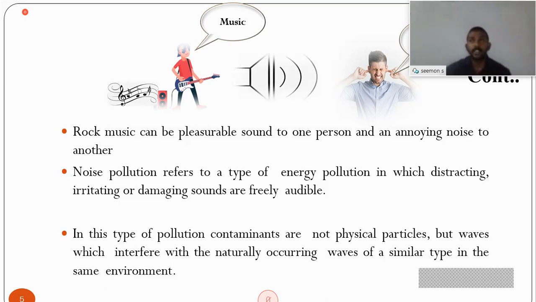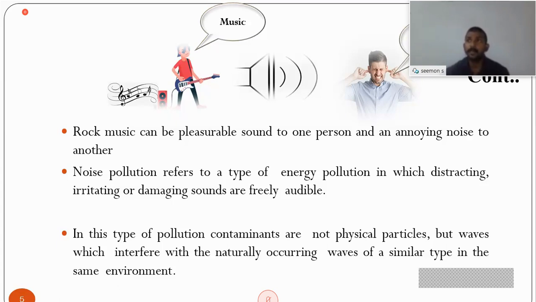In the KTU syllabus, you might already have studied the first, second and third modules related to pollution: first air pollution, second water pollution, and third soil pollution. In air pollution, there are particular pollutants like carbon monoxide and ozone, and in water pollution, pathogens or organic or inorganic matter.